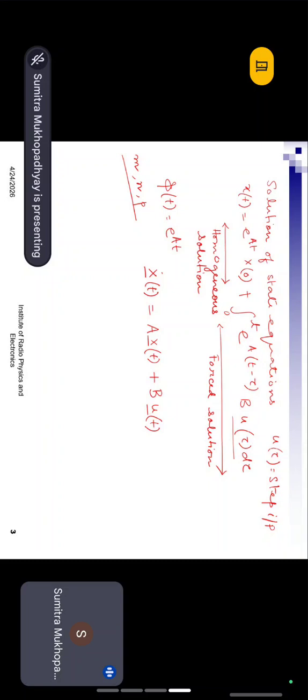Now input may be single input or multi input. Here we are writing the equation for multi input. We call this equation the state equation.